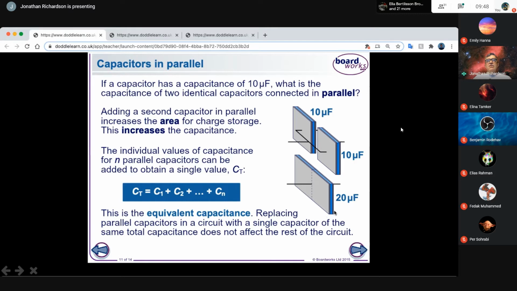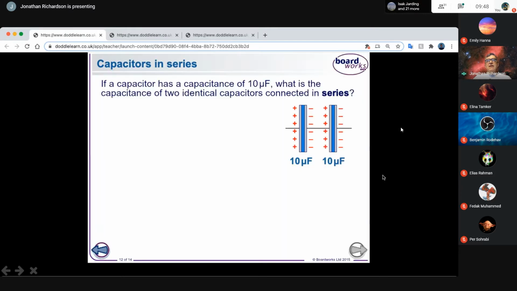If there's any questions on that, I think this one's fairly straightforward. Let's now have a look at two capacitors again, 10 microfarads and 10 microfarads, but this time connected in series. So I've got one connected to the next one, such that the plates are now daisy chained, linked together.